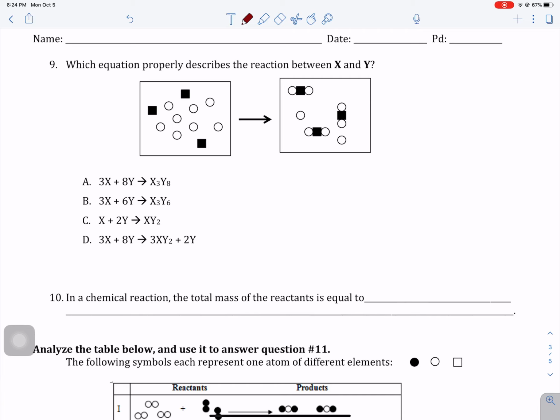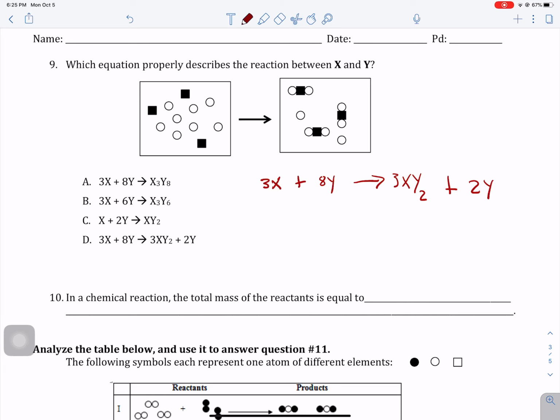So we have X and we have Y. So it looks like we have 3 X plus 1, 2, 3, 4, 5, 6, 7, 8. 8 Y goes to, okay, 1, 2, 3. So 3 XY2 plus 2 Y.